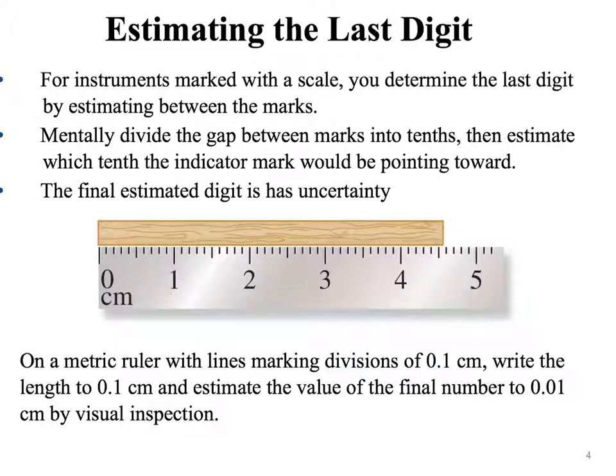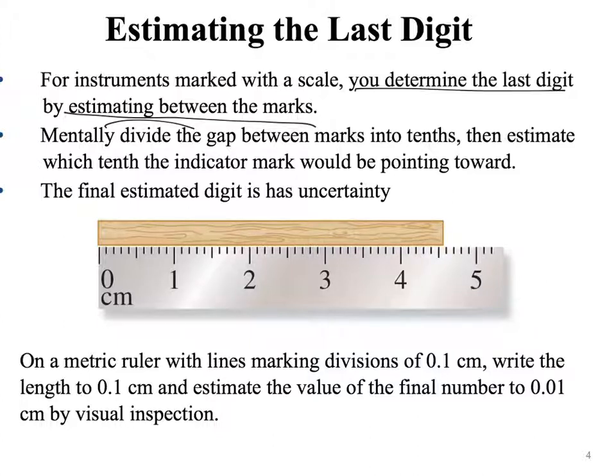What we do when we read from an instrument, we take a look at the scale. Then we're going to determine the last digit by estimating between the marks. So what we do is we mentally divide this gap into tenths, and then we make a prediction of where that will be.